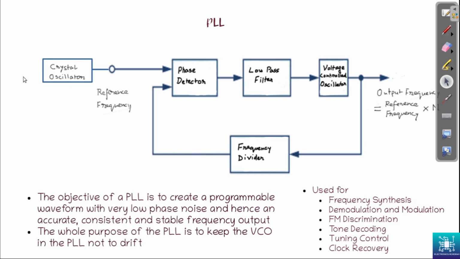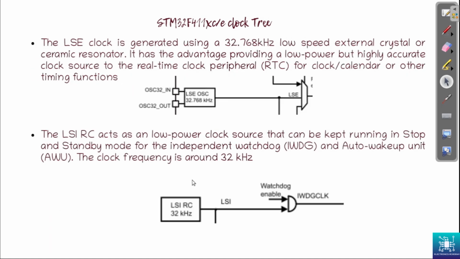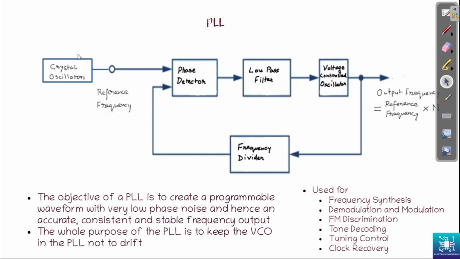One is the crystal oscillator, that's the reference frequency, and we were talking about the external crystal, the 8 megahertz crystal that we have. That is the HSE clock that we are going to use. So this is the HSE clock here. Then you have the phase detector, you have a low pass filter, you have the voltage controlled oscillator itself.